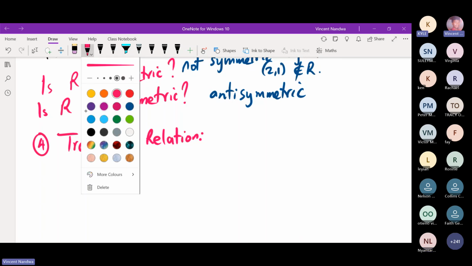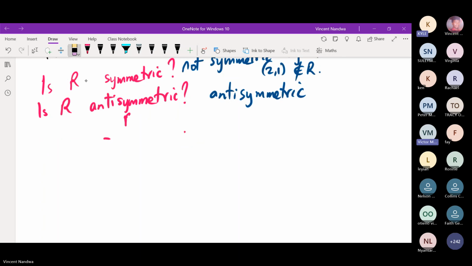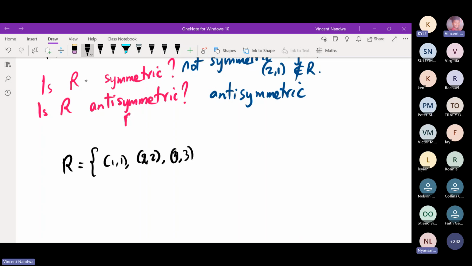If I define a relation R, 1, 1, 2, 2, 3, 3, and 4, 4.